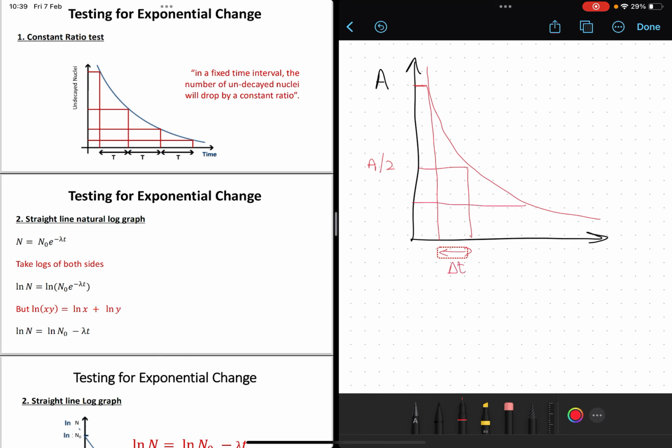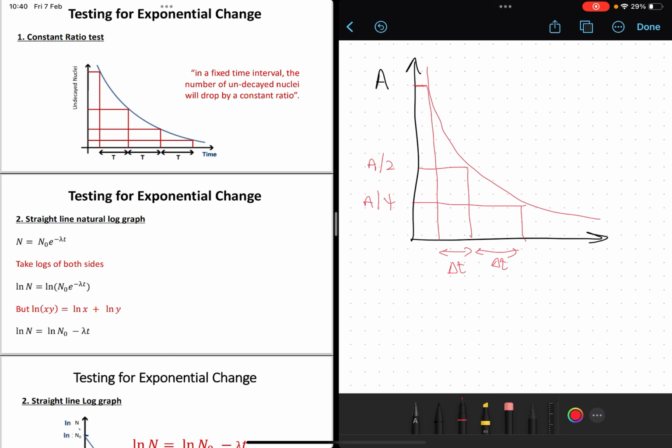We then look at halving again, so in other words, activity over 4, and we look at that time period, and so on. What we should find is, as long as we change the activity by the same fraction or the same ratio, that took place in the same amount of time.